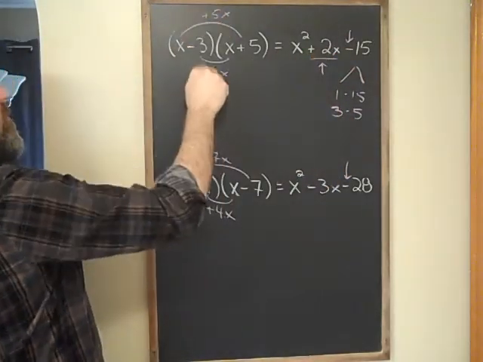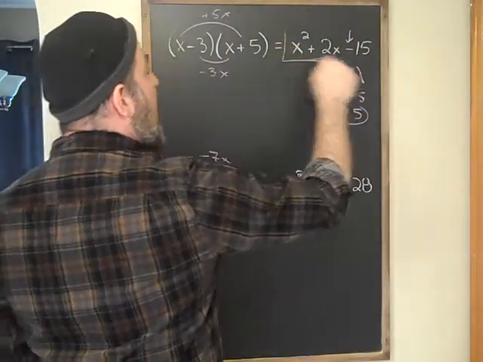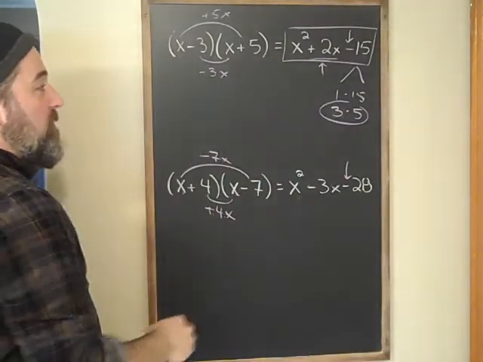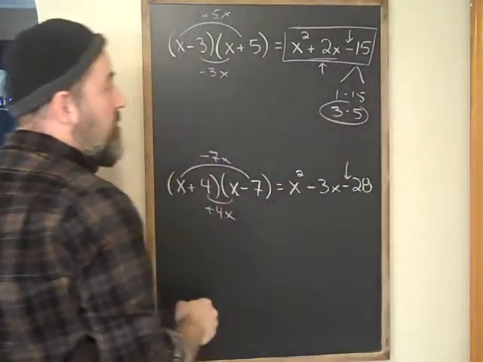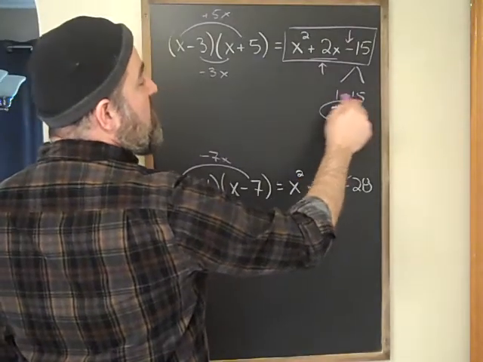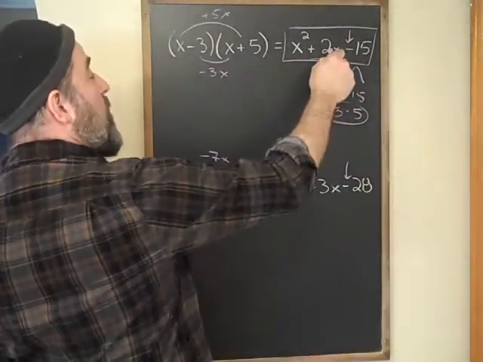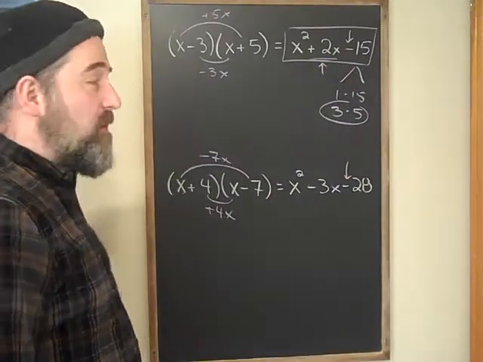Just like 5 and 3 have a difference of 2. That's why if we factor this trinomial, we use 3 and 5, because those two factors have a difference of 2. If you use these two factors, 1 and 15, those have a difference of 14. And we don't have a middle term of 14.